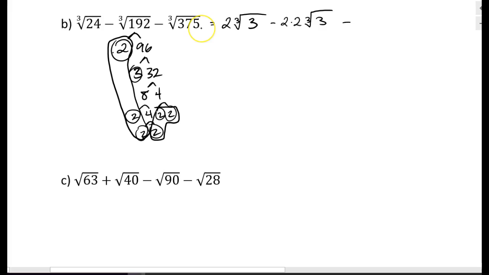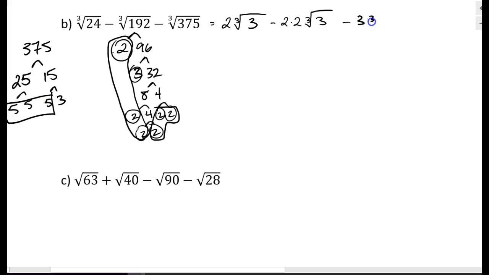And then 375, I'm going to have to do the same thing. So I'm just going to do that over here. I'm going to take up 5, maybe even 25 would be more effective. And I've got 5, 5, 5, and 3 again. This is our cube.